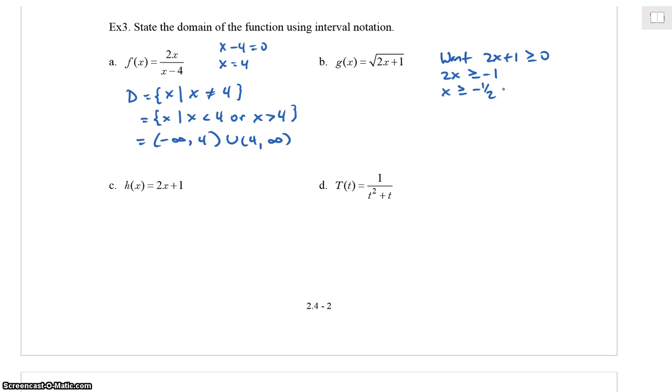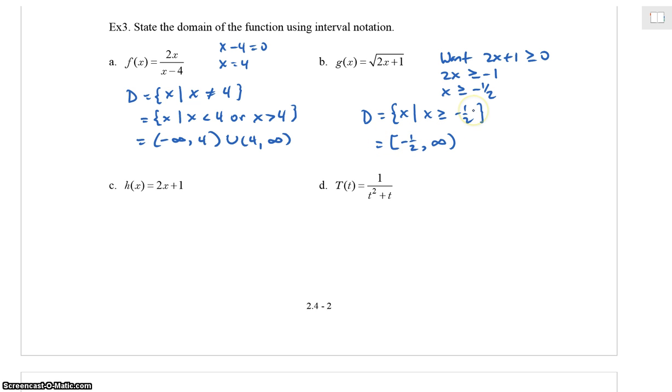So the domain would be the set of all real numbers x such that x is greater than or equal to negative 1/2. In interval notation, that would be represented as bracket negative 1/2 comma infinity.